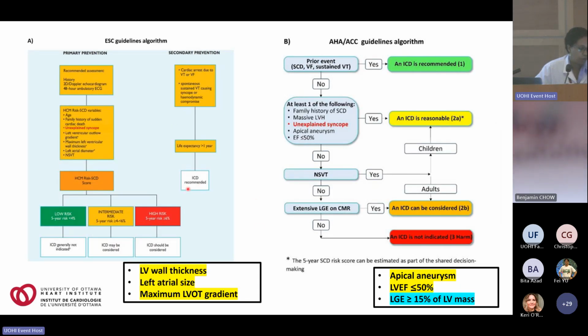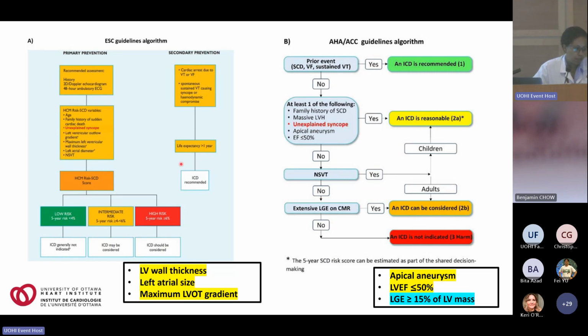So there are different guidelines, the ESC and the American, looking at different prognostic parameters that can allow us to stratify these patients.